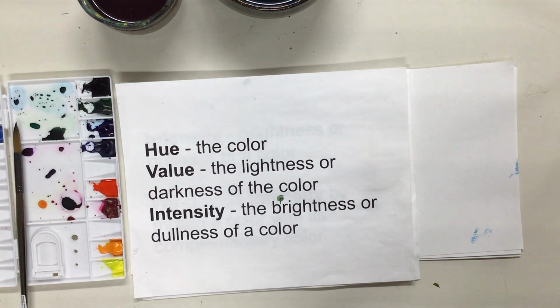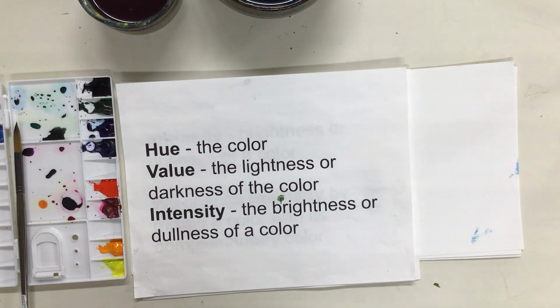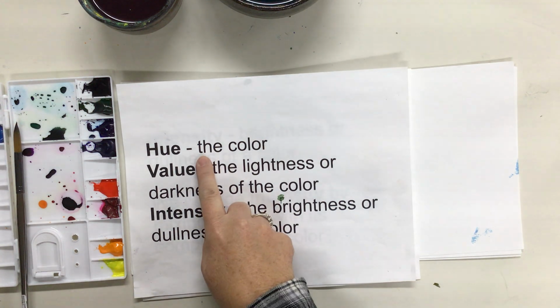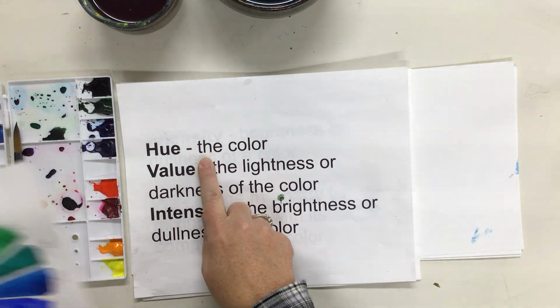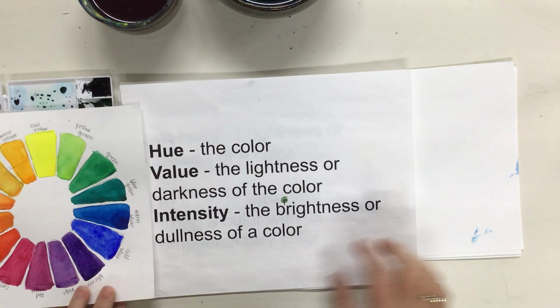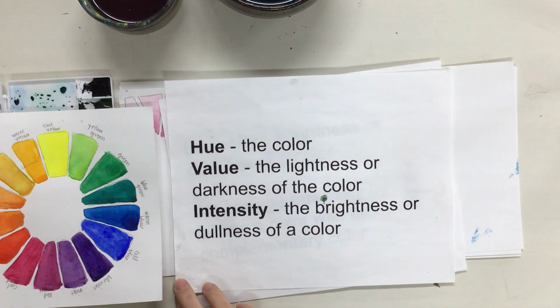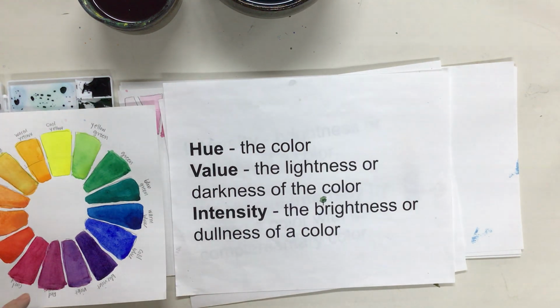We are learning about the three components of color right now in class to help us learn how to manipulate color in preparation for creating paintings together. We have so far covered hue, which is the color, and we have changed the color by creating a color wheel where we learned how to mix two colors together to create a range of new colors.